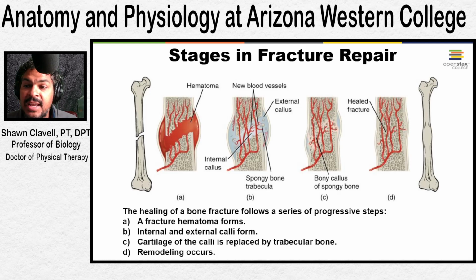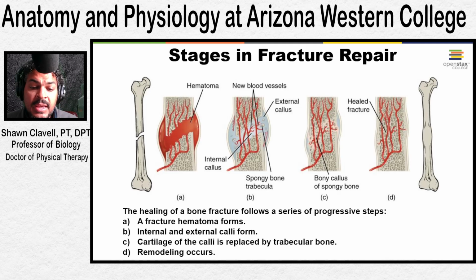That is the second stage of fracture repair, the internal and external callus being formed. The third step occurs within a week when new bone trabeculae begin to appear in the fibrocartilaginous callus and gradually convert to a bony callus of spongy bone. So the cartilaginous callus is replaced with bone.